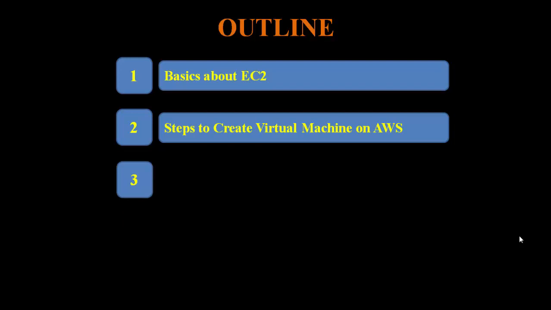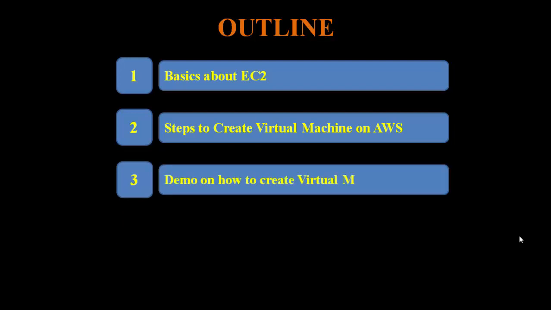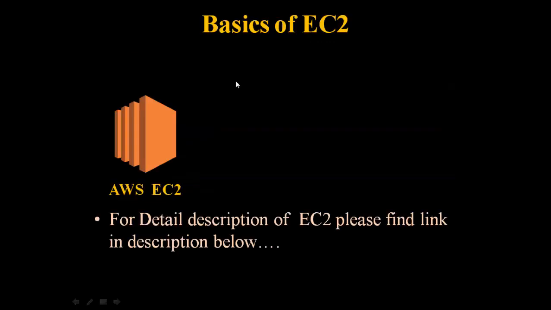And third, which is very important, we will have a demo on how to create a virtual machine on AWS. It will be a practical session in which we will create a Linux virtual machine on AWS. So first of all, let us discuss the basics of EC2.